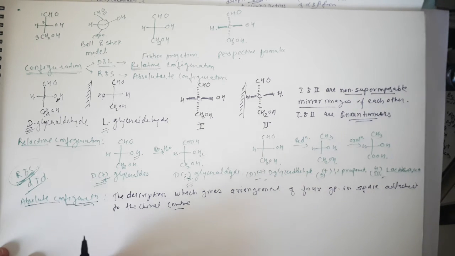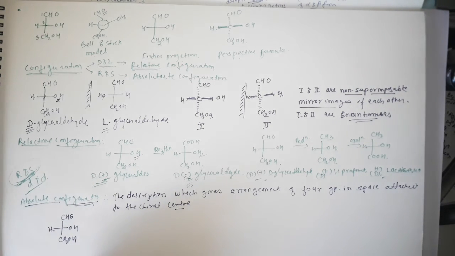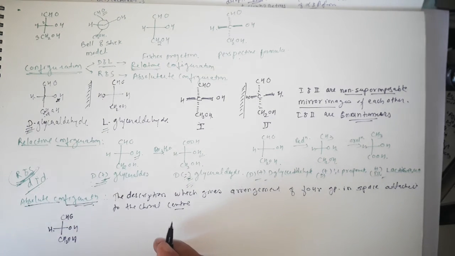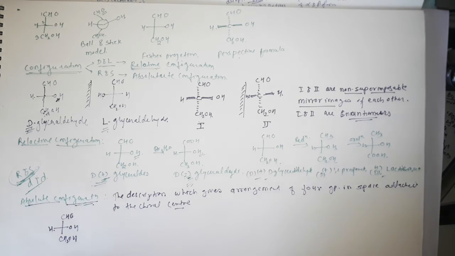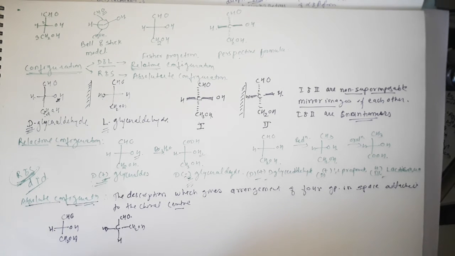So suppose we consider glyceraldehyde: CHO, OH, CH2OH and H. Now here we write CHO, OH, CH2OH, and H is on the vertical.